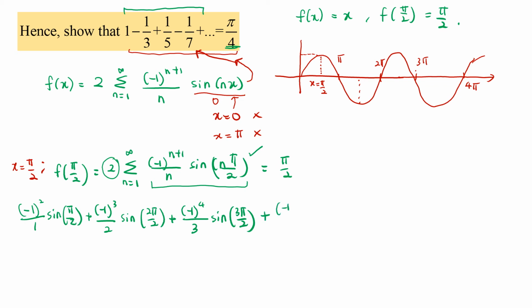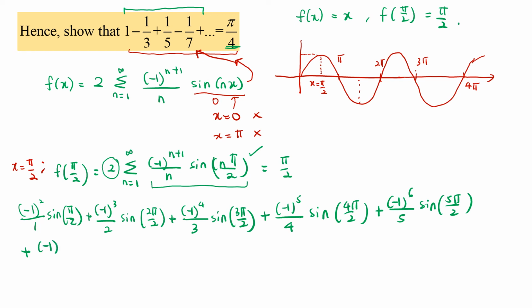So negative 1 to the power of 5 over 4, sine 4 pi over 2, where this is equal to pi over 4.